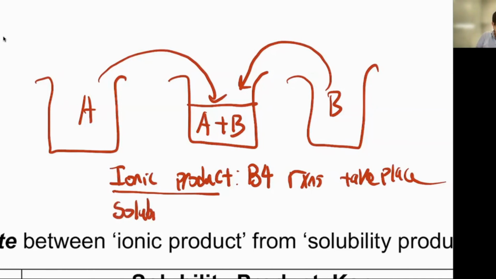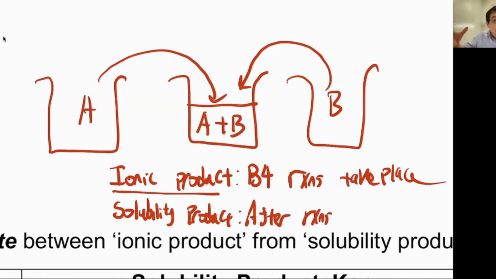Another one. So what is the meaning of solubility product? Now, solubility product means after reaction. So let's use this example. When you A and B mix together before they collide, just they mix at the point, mixing only. This is called ionic product before they collide.